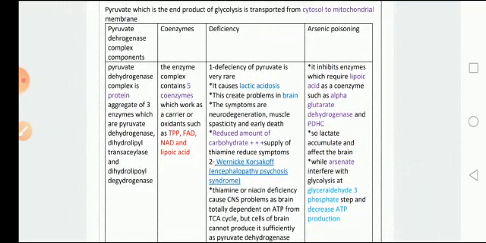So arsenic is going to inhibit the pyruvate dehydrogenase complex. And actually it is going to inhibit another enzyme, which is alpha-ketoglutarate dehydrogenase. You would know it during the discussion of the TCA cycle.